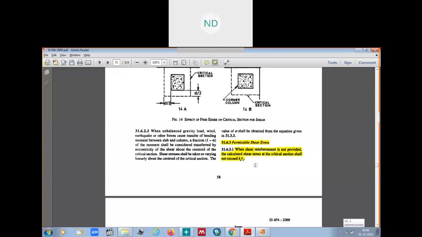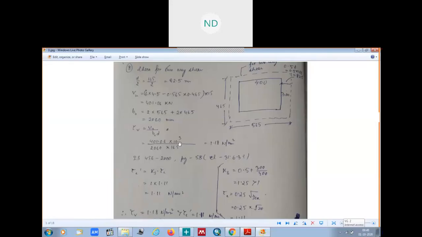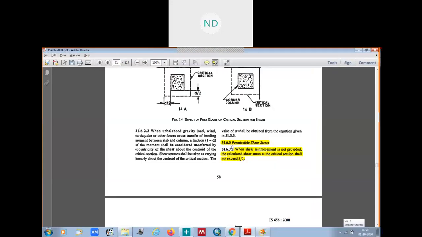That means the shear stress which we have calculated, if tau c dash, which is Ks into tau c, is less than our calculated shear stress, then it is not permissible, because the design should be more.